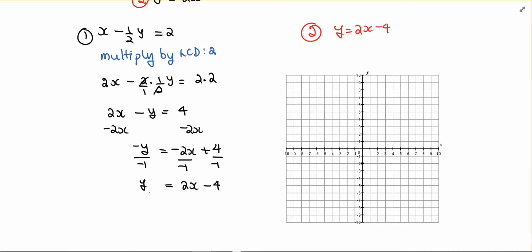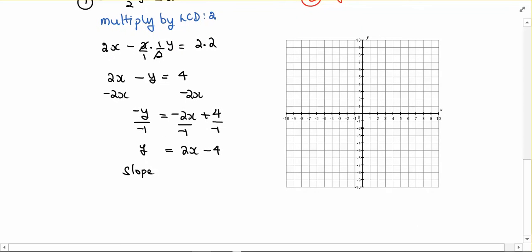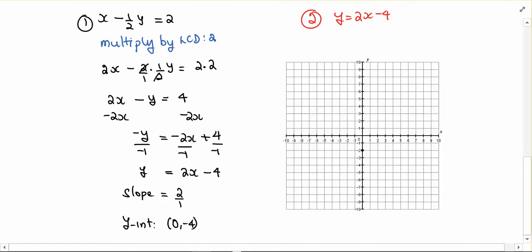So this first one, the slope is 2 over 1, and the y-intercept is 0, negative 4. So starting at 0, negative 4, right there. Slope is 2 over 1, so I'm going to rise up 2 over 1, rise up 2 over 1, rise up 2 over 1.